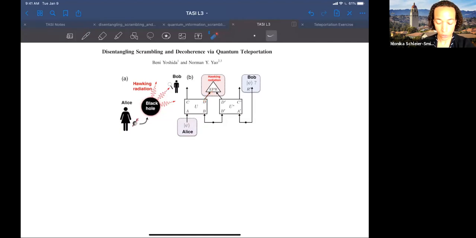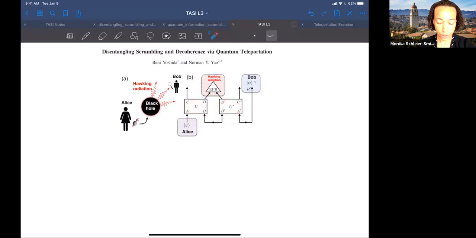But the other thing we're going to assume is that Bob makes himself a copy of the black hole that's entangled with Alice's black hole. So he understands these dynamics well. He knows how to implement U star, okay? And here, this is showing that there's some EPR pair that is shared, so there's entanglement between Alice's black hole and Bob's.